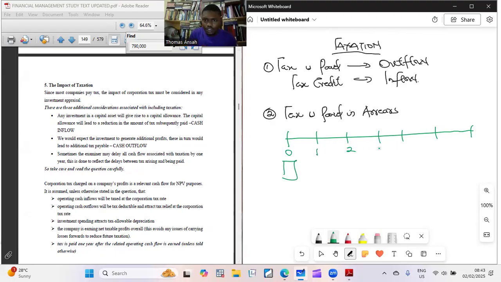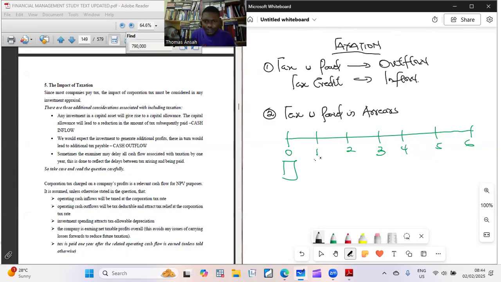This is your year one, your year two, your accounting years. Now, watch this. Be careful, because the profit that you get in year one, the tax on it, you don't pay it in year one. 2024 tax, people have not even paid the annual tax. They will be paying it in April 2025. That's the deadline. So tax is always in arrears.